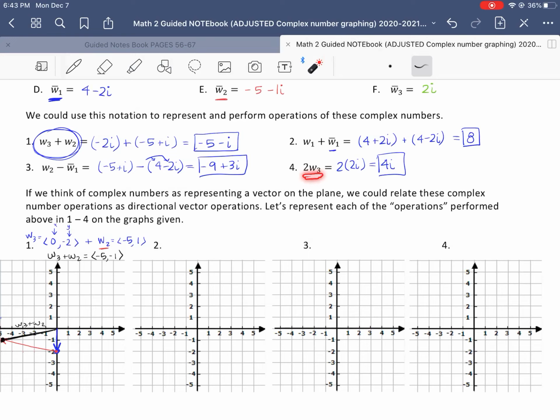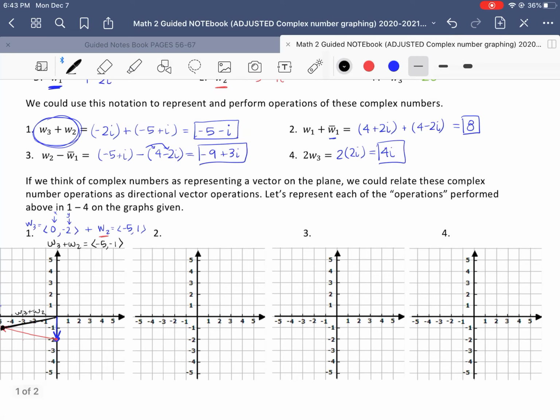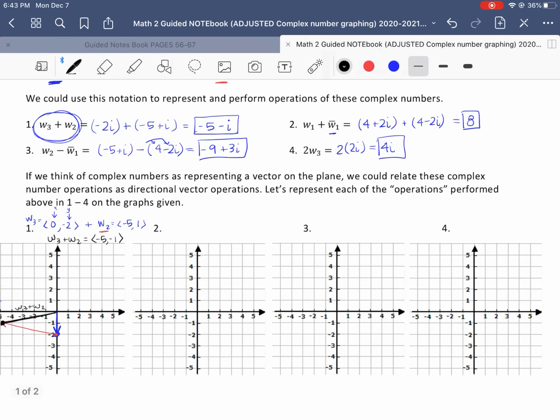Again, this one is 2 times W sub 3. If we look up here, W3, the original one in the green there, was negative 2i. So if I come down here, that's where we started the last one. I'll use a different color so you can see it better. It's down at negative 2i. We can then represent that being multiplied by 2, as it says in number 4, so 2 W sub 3.